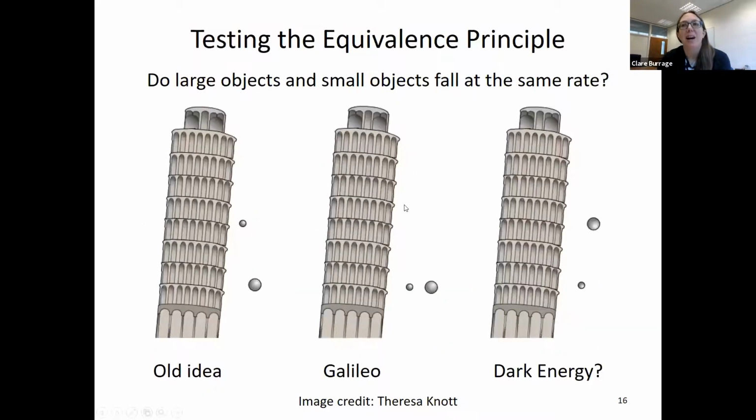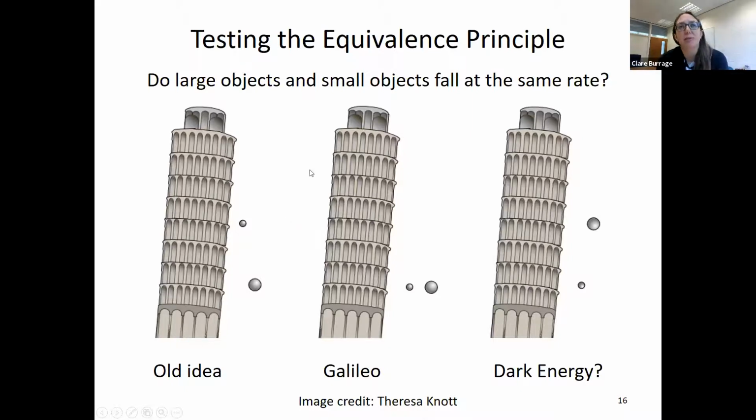And the key observational consequence of that is a violation of the equivalence principle. This is just to say the kinds of things where maybe you could still try and see the effects of this scalar.